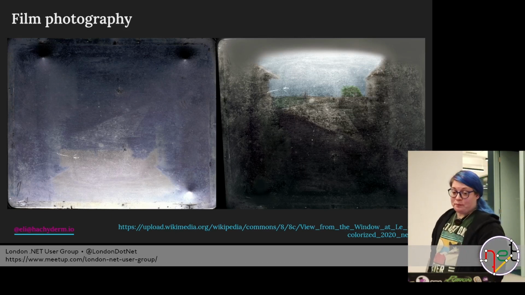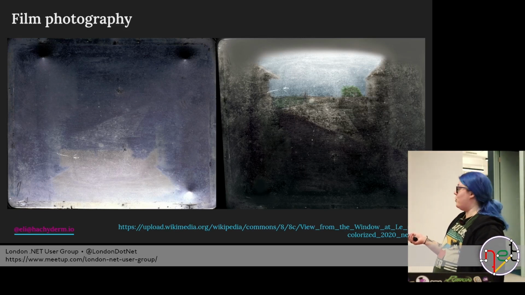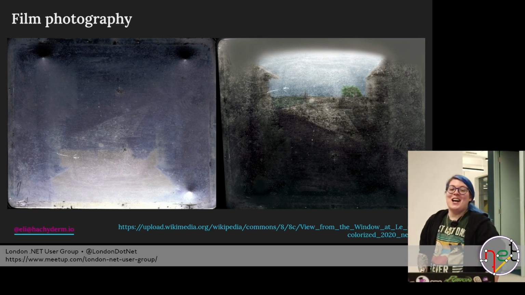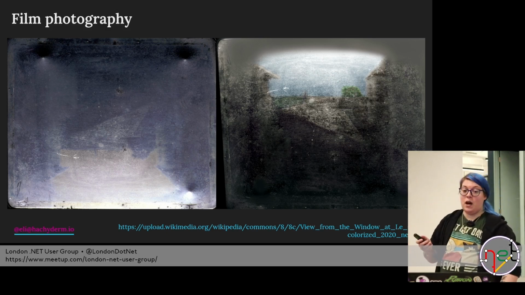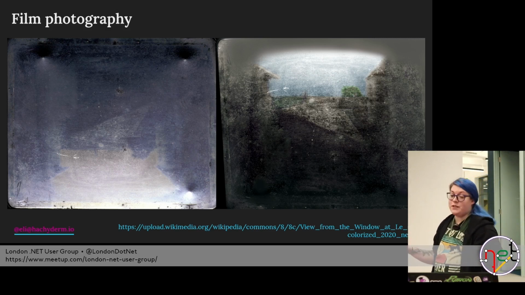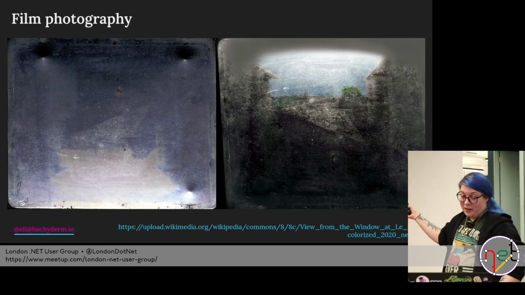Film photography. Is anyone here a photography buff? Anyone really into the history of film photography? Yeah. So this is the earliest image derived from a photographic process, or rather on the left is the original photographic plate, and on the right is a colorized version. If you're a film photography buff, you will recognize this.